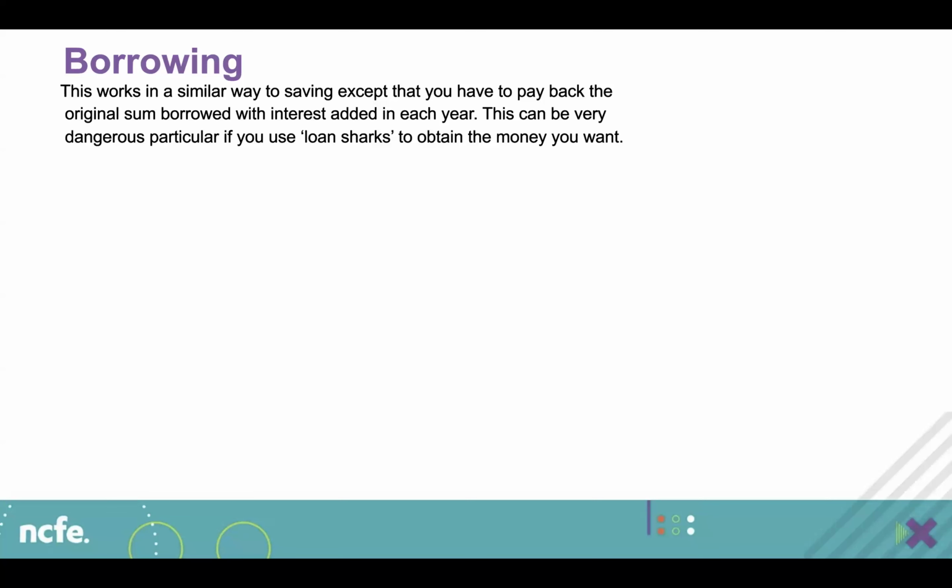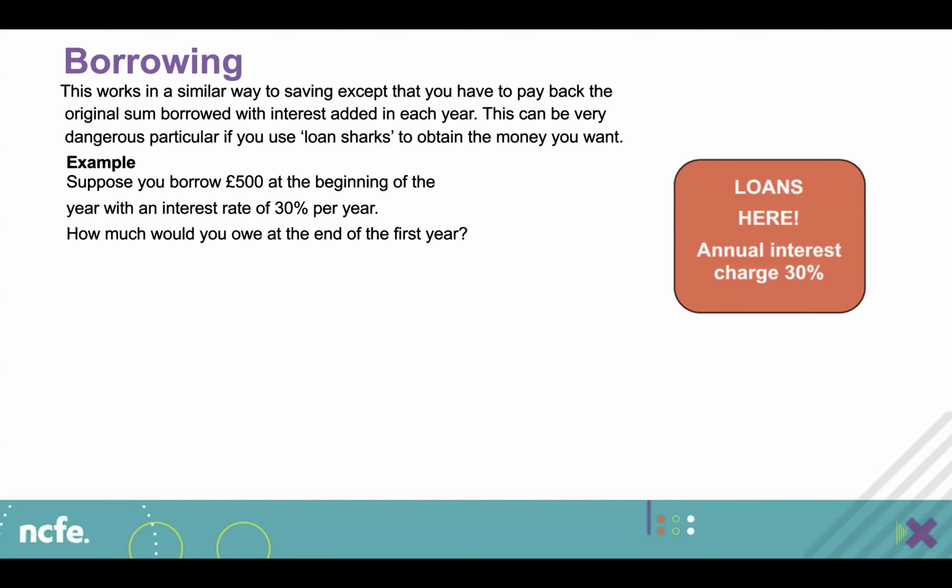Borrowing. This works in a similar way to saving, except that you have to pay back the original sum borrowed with interest added in each year. This can be very dangerous, particularly if you use loan sharks to obtain the money you want. So, for example, suppose you borrow £500 at the beginning of the year with an interest rate of 30% per year.